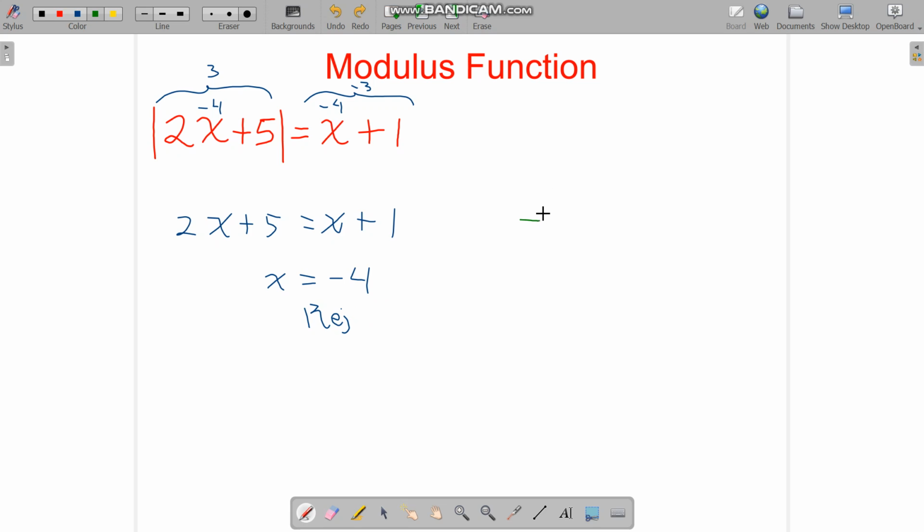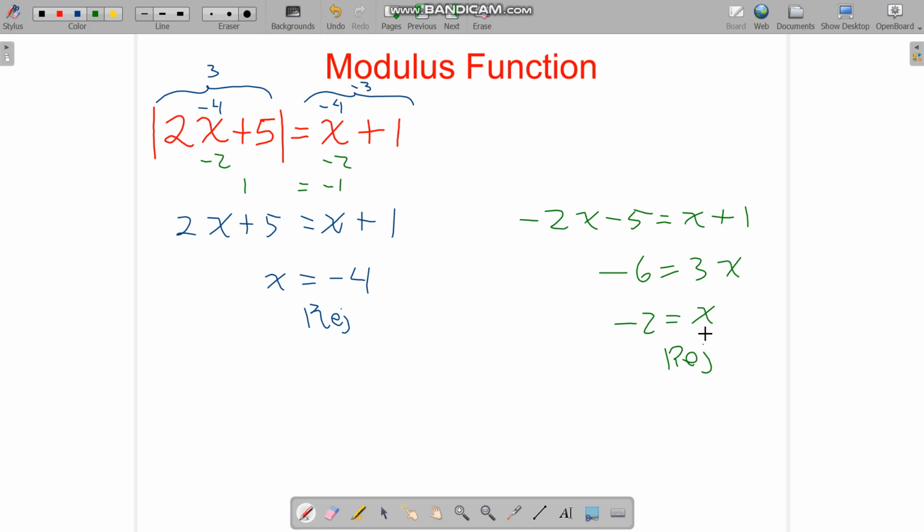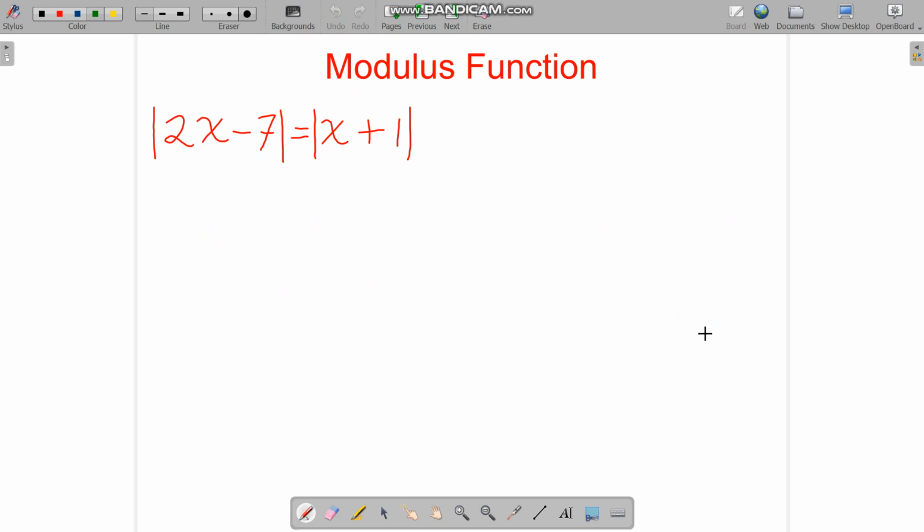And now if it's negative, minus 2x minus 5 equals x plus 1, so this means we have 3x equals minus 6, x equals minus 2. Now we replace the x with minus 2, we get 1 on the left and minus 1 on the right, so it's also rejected, which means no solution for this one.